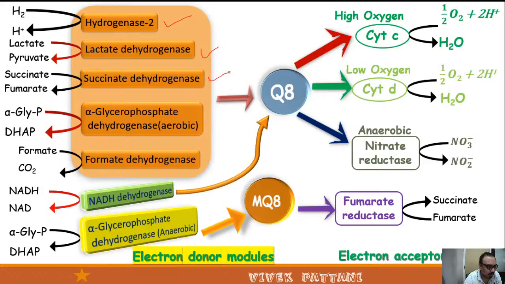Now the third enzyme, succinate dehydrogenase, where succinate will be converted into fumarate. Now the fourth enzyme, alpha glycerophosphate dehydrogenase, only under aerobic conditions right now, where alpha glycerophosphate will be converted into dihydroxyacetone phosphate.